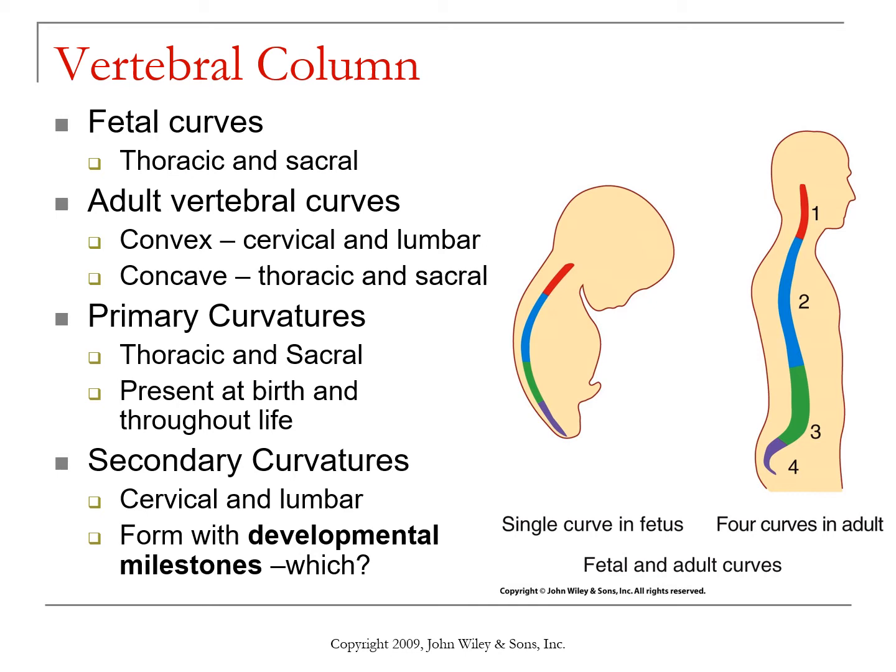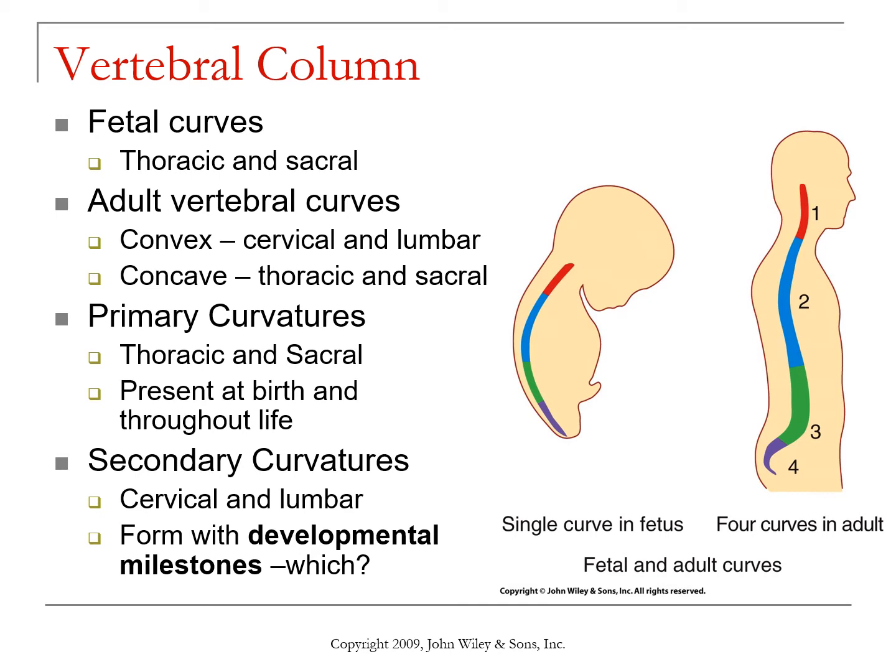The two concave, which were present at birth, the thoracic and sacral, as well as the developing convex curvatures. Note, however, that as the individual ages and becomes an older adult, the secondary curvatures, cervical and lumbar, actually disappear. So the head begins to bow down again and the client begins to stoop over. So the expression is once a man, twice a child.